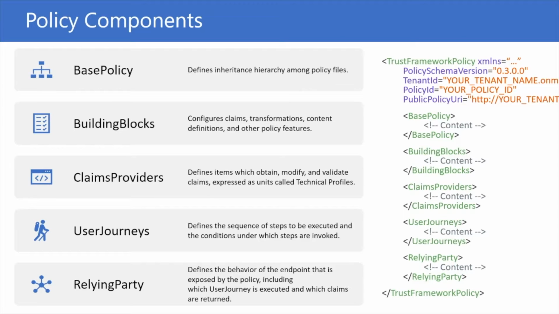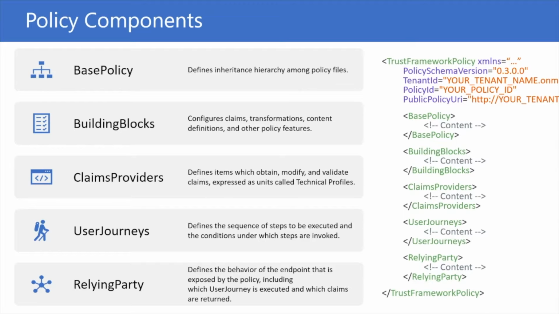You work with claims providers, which define items that get, change, or validate and ultimately return claims, these core values that your policies work with. In the claims providers, you work with an element called a technical profile. We'll see these here in just a second. Another section is the user journey section.